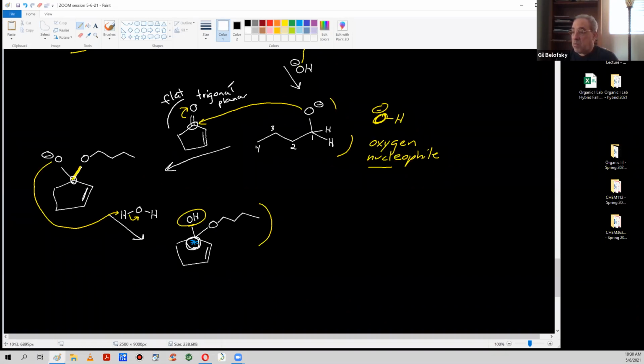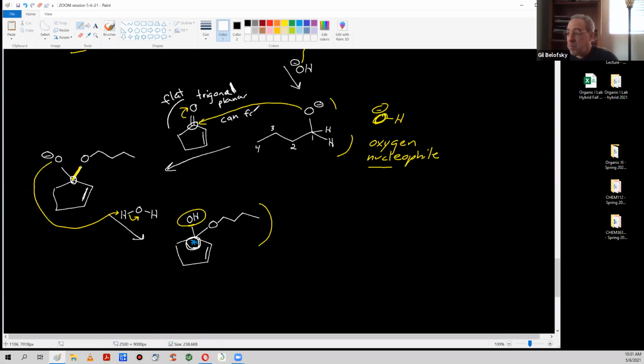So there were questions with points on what is the geometry of this and this and this. Once those points were assigned or not assigned, we weren't done with it. Here it is again. So this bond can form from either the top face or the bottom face of the carbonyl.